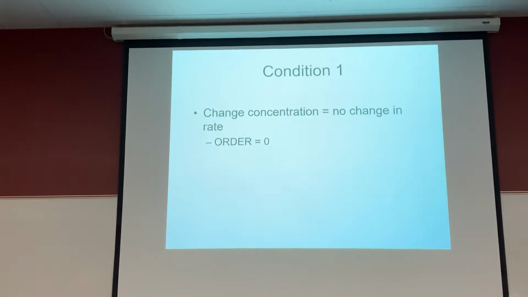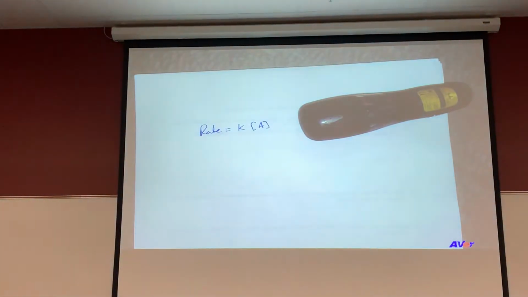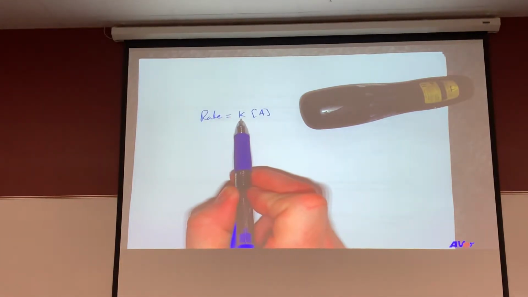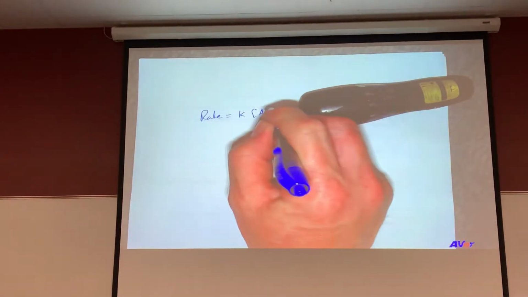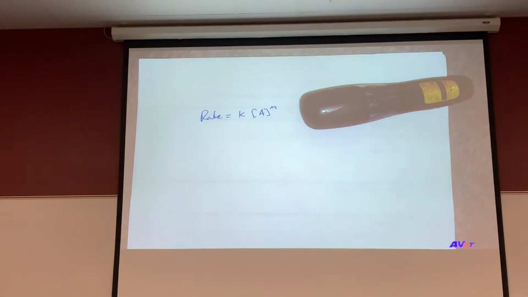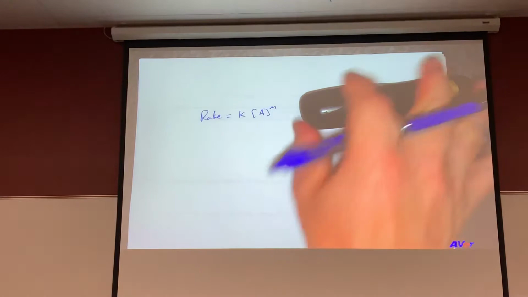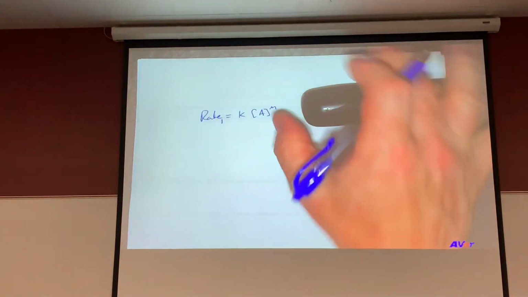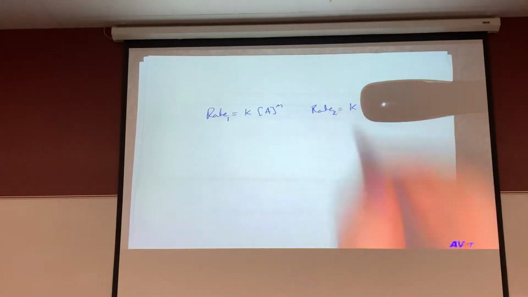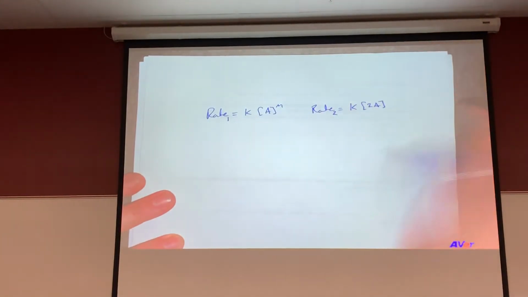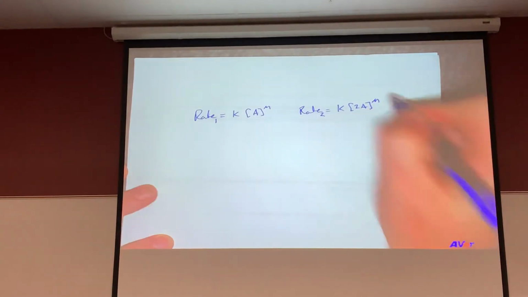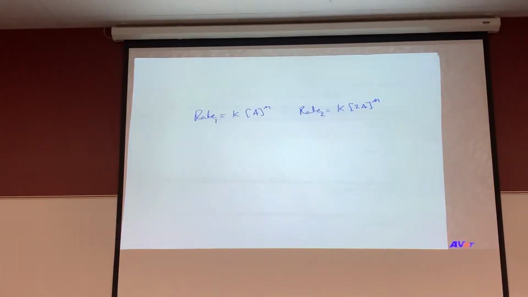Here's the idea. You've got an expression that says something like this. The rate's equal to K times the concentration of A raised to some power. Let me label this 1, and then I'm going to label this 2. And I double the concentration of A, and I'm still interested in what this exponent is.